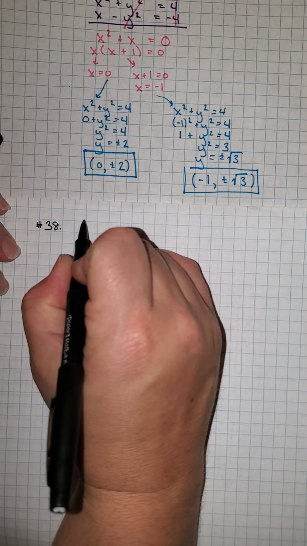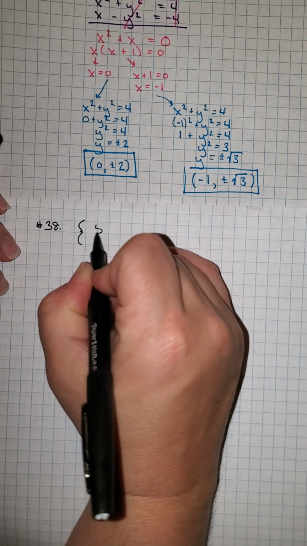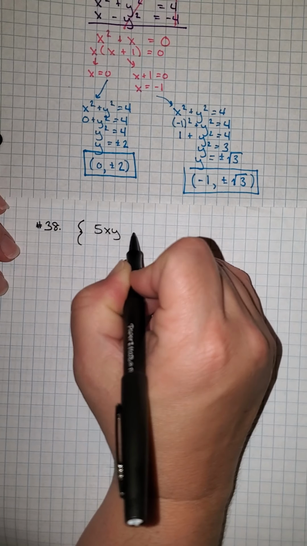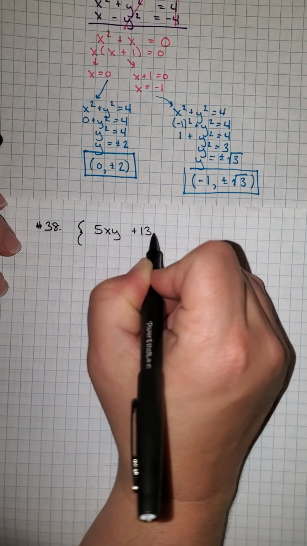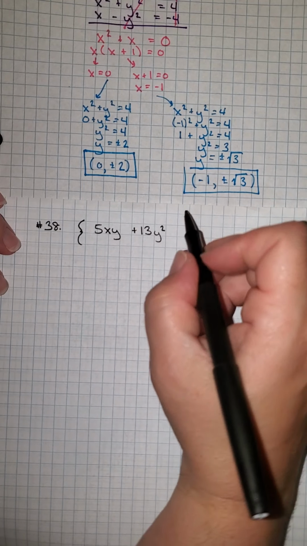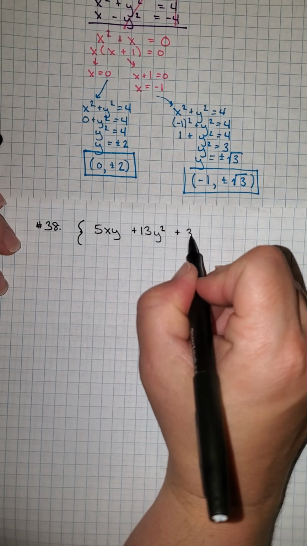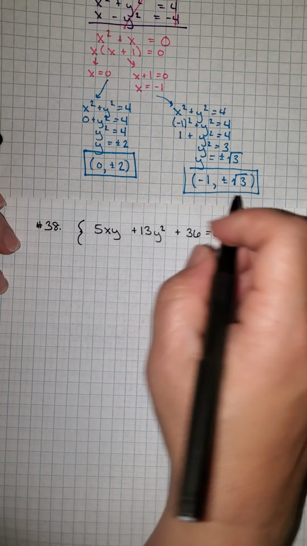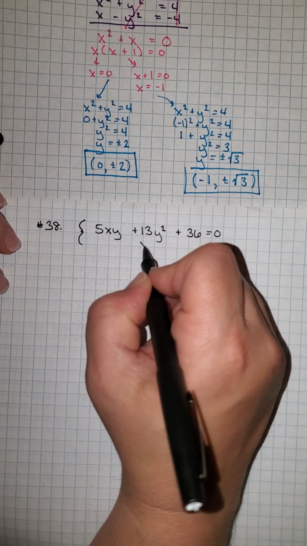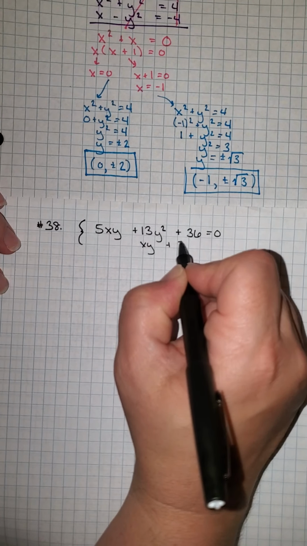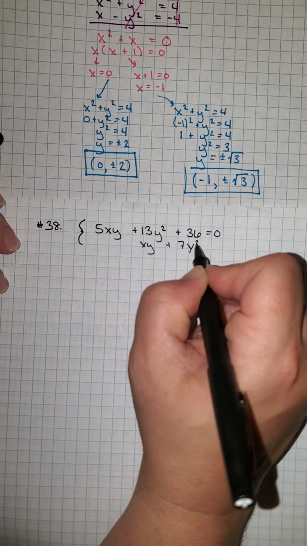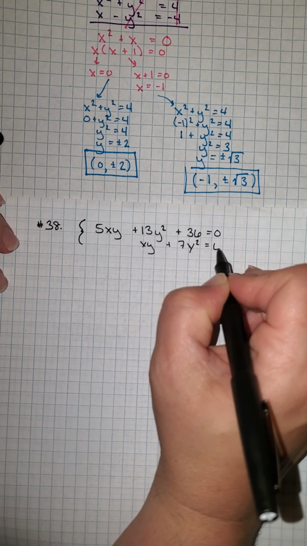So for this one, we have 2 equations. We have 5xy plus 13y squared plus 36 equals 0. And then we have xy plus 7y squared equals 6.